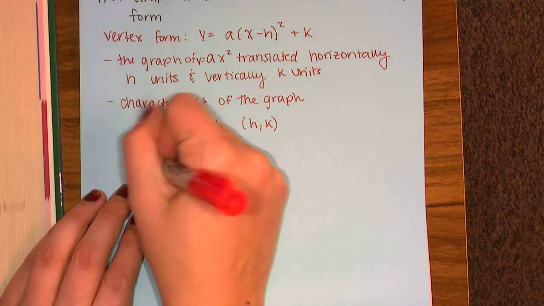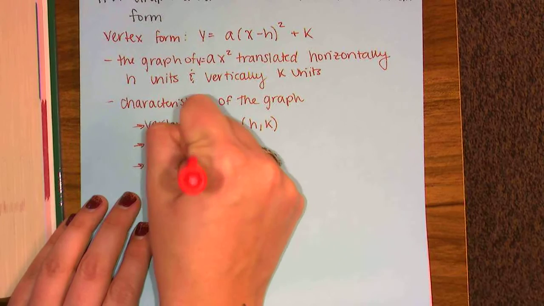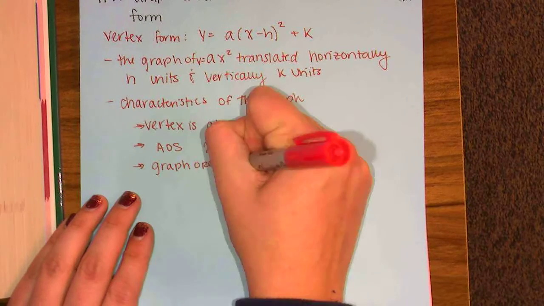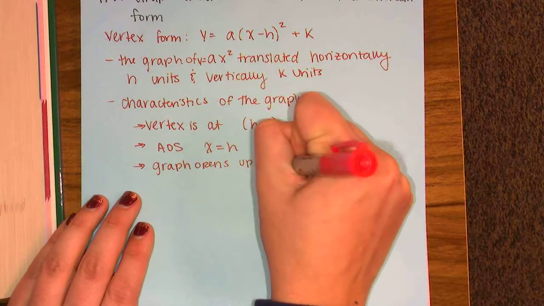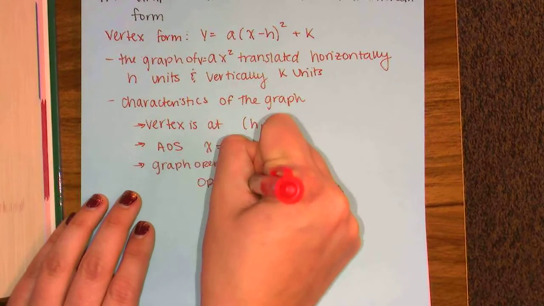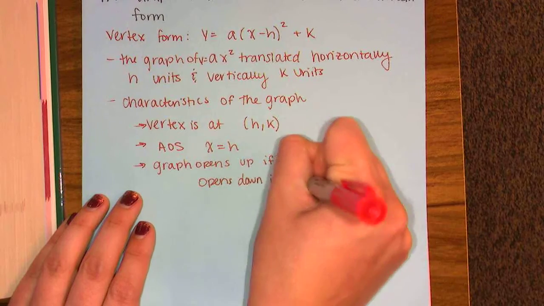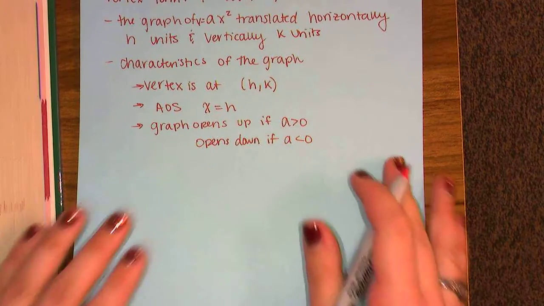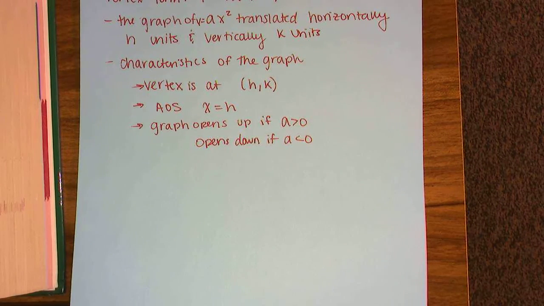And then like we had before, the graph opens up if a is greater than 0, opens down if a is less than 0. Alright, so that is vertex form.